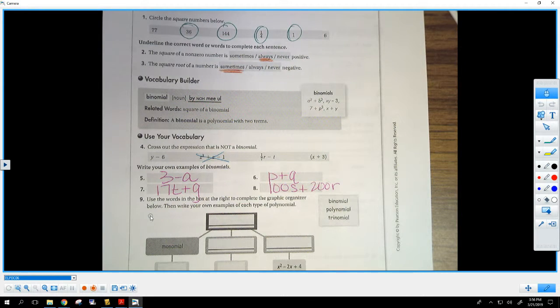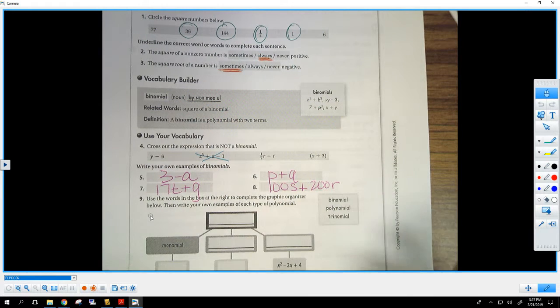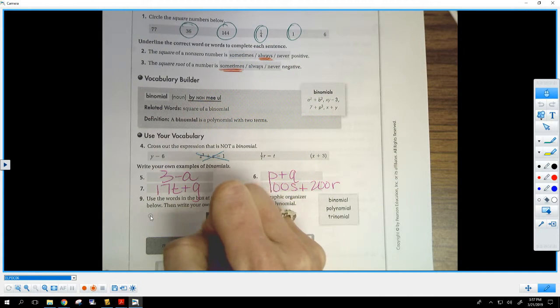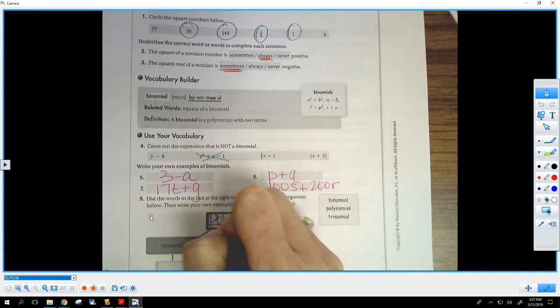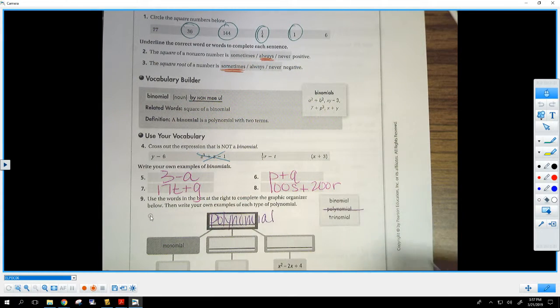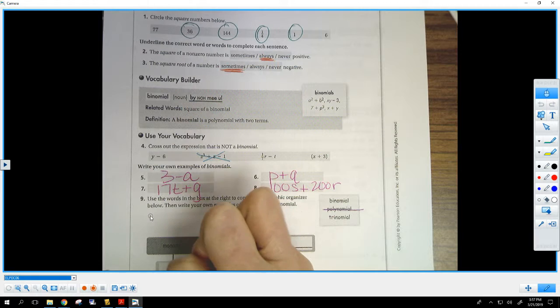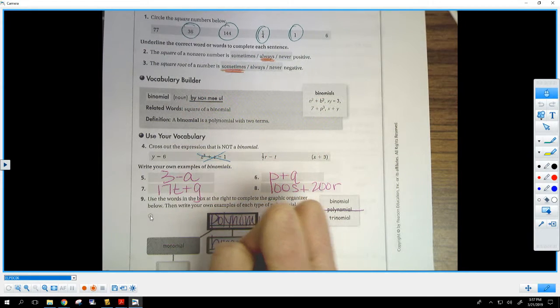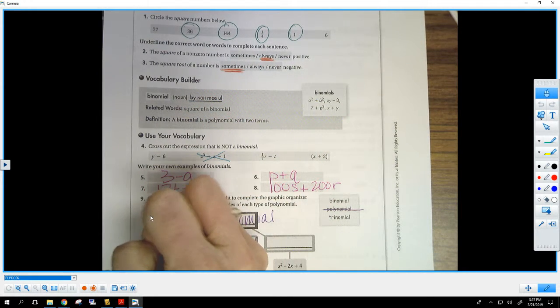Use the words in the box at the right to complete the graphic organizer below, and then write your own examples for each type of polynomial. Obviously this monomial, trinomial, binomial, they are all examples of a polynomial, right? So we use that. There's a monomial, a binomial. This is 1.